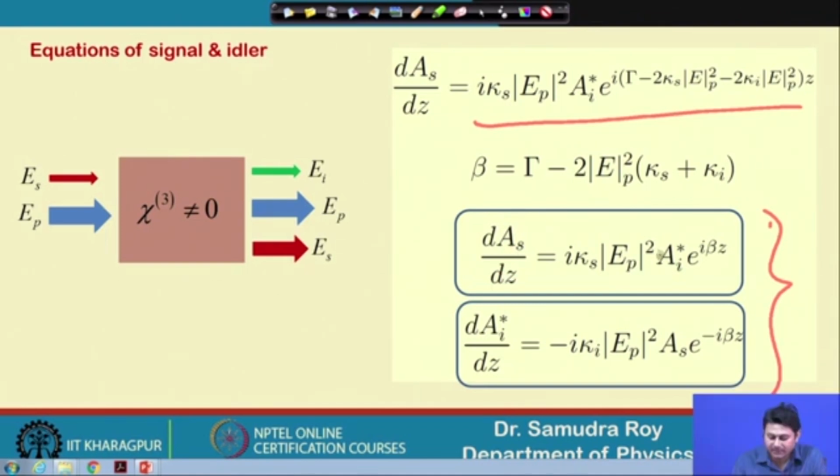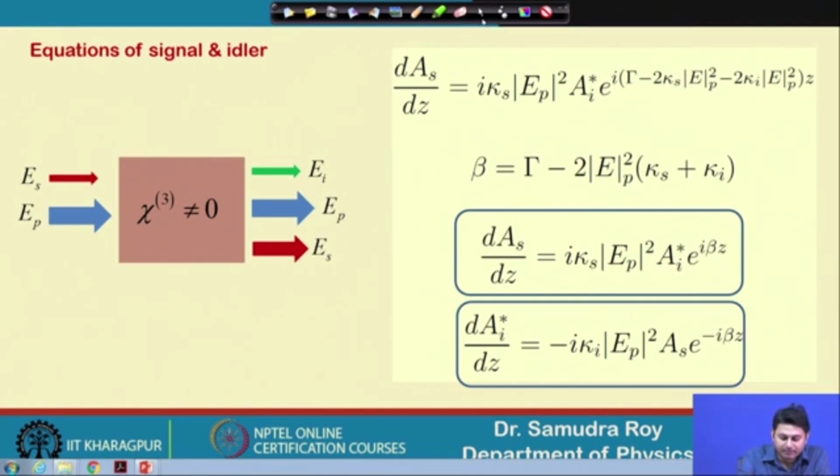Here we have a derivative of A I. This A I derivative I will replace from here, so that the equation becomes in terms of A s. Another term is also appearing from here, which is e to the power I beta z with I beta and A I. Again I will replace this A I from this equation, and I will get a more straightforward expression.